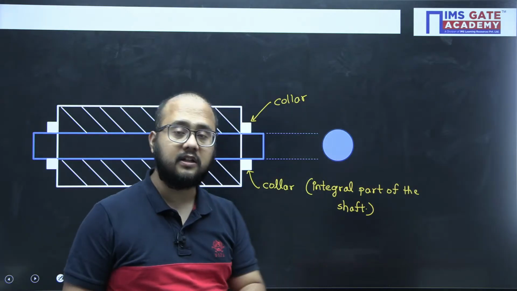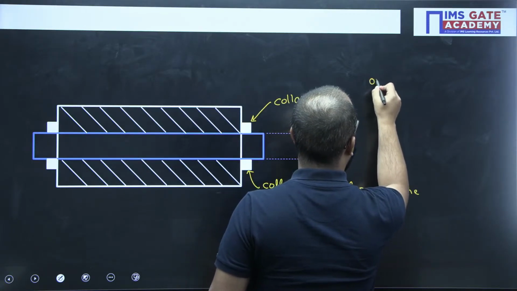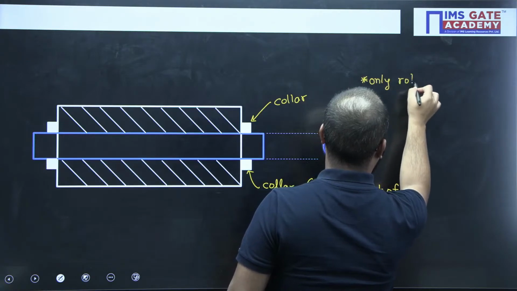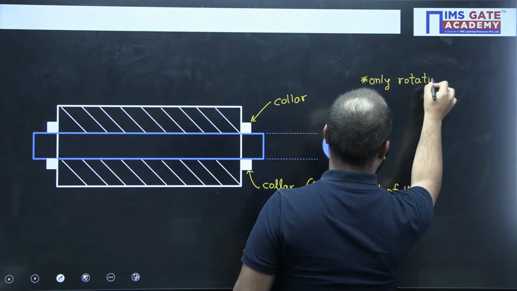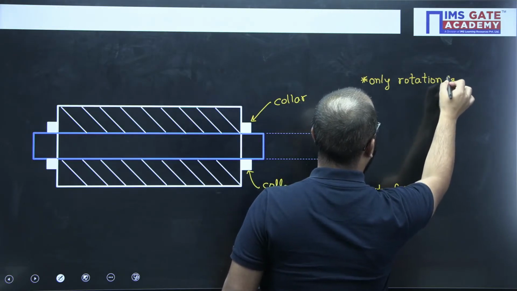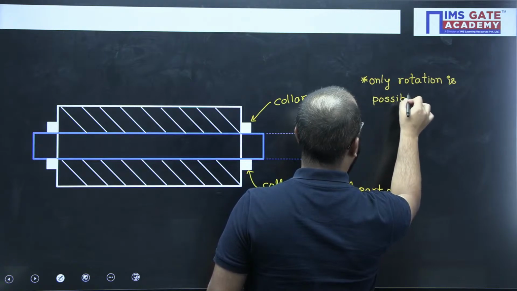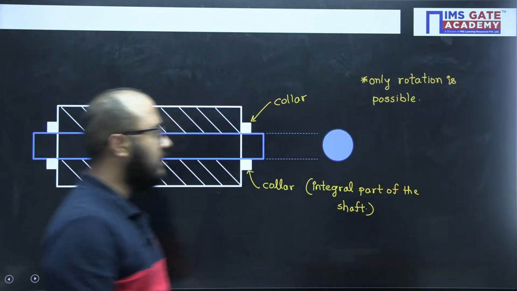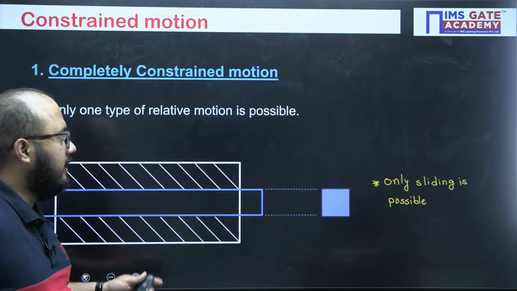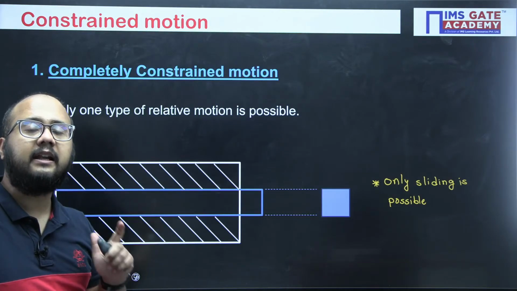So here also we can write: only rotation is possible. Clear, everyone? Is it clear? So the first type of constrained motion we have is completely constrained.